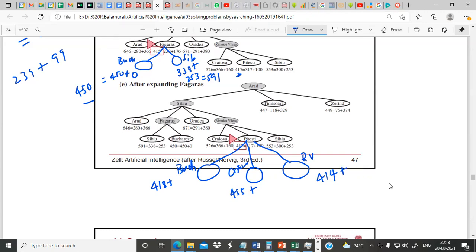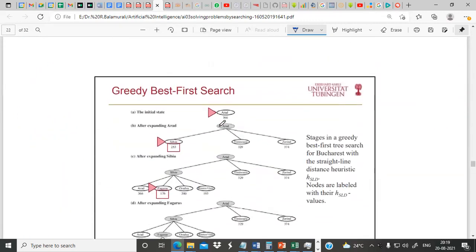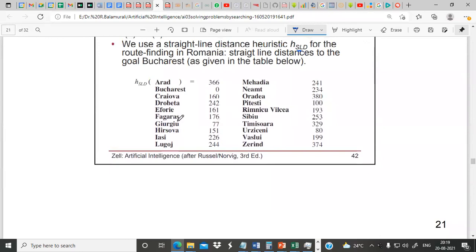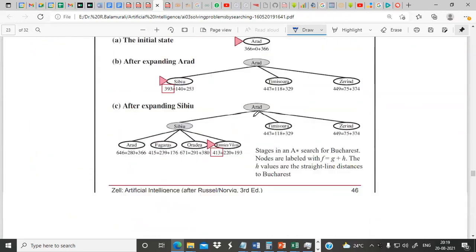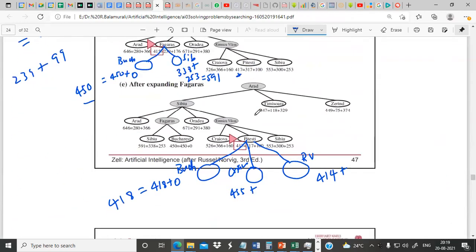What is the heuristic cost of reaching from Bucharest to Bucharest? It is 0. So this is 418. And what is the heuristic cost from Craiova to Bucharest? We have to refer to the table again. Craiova to Bucharest is 160, and Rimnicu Vilcea to Bucharest is 193. So this is the evaluation function.